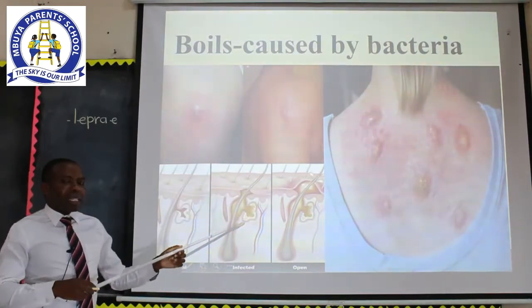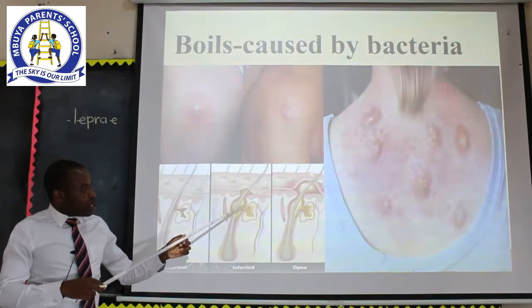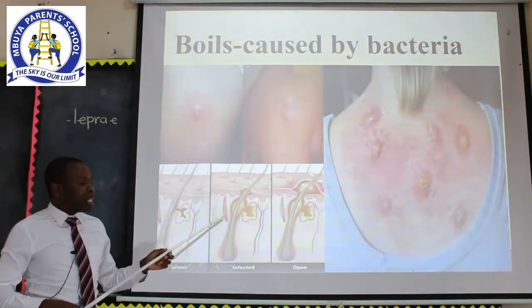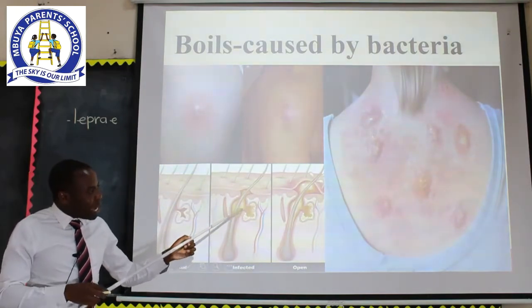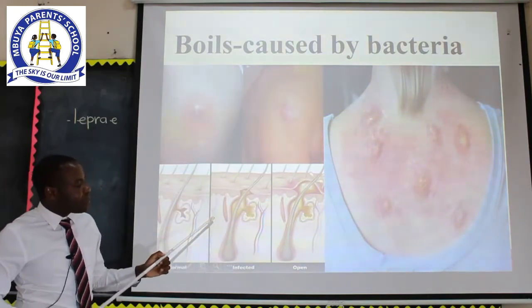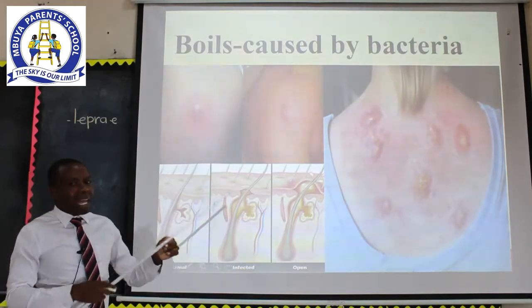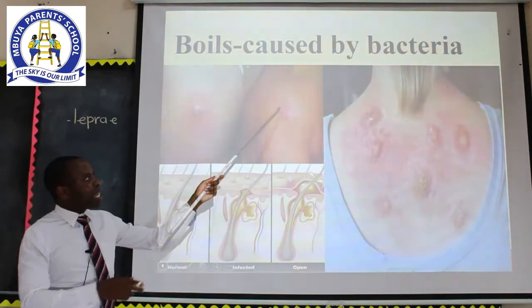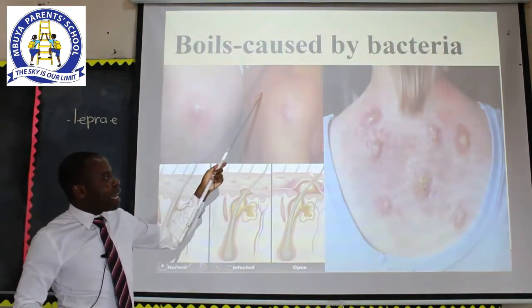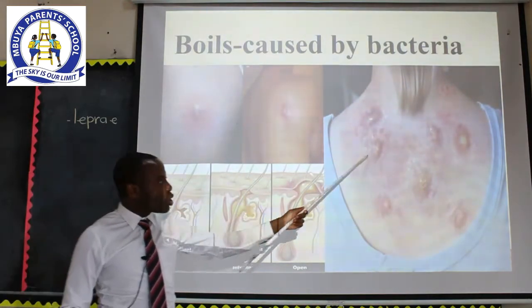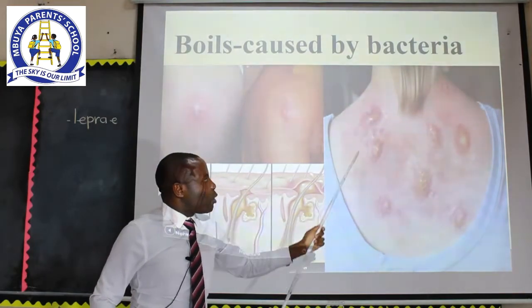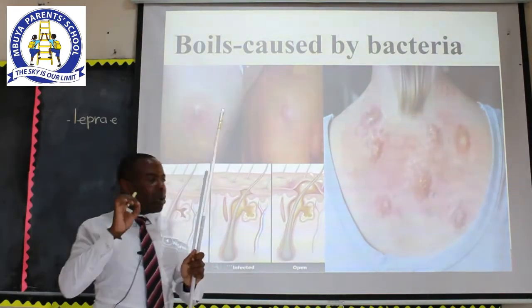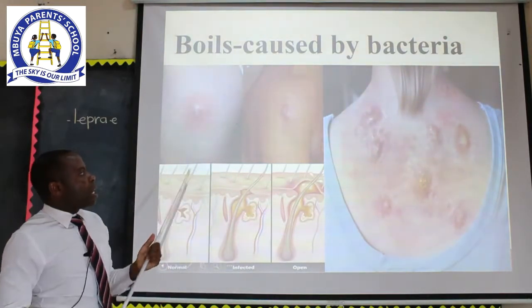It gets swollen, or we call that one inflammation, and then you get pus coming out of that part. Now it begins from here, and then on your skin you are going to see such a sign, and then at the end you get wounds, and the wounds are going to be on the body, and then pus comes out of your body.